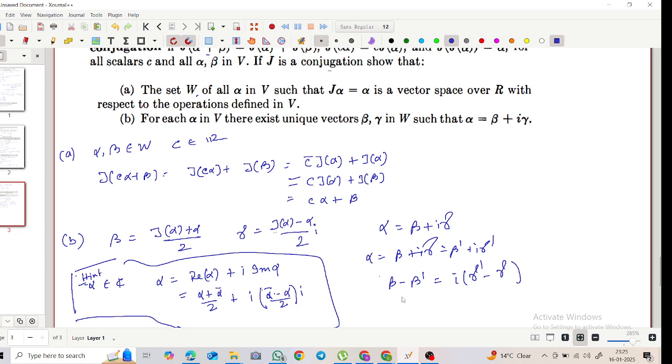So this is, yeah, I mean just right. This implies beta equals beta prime and gamma equals gamma prime.